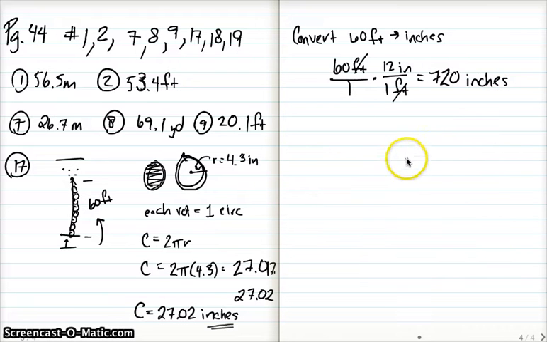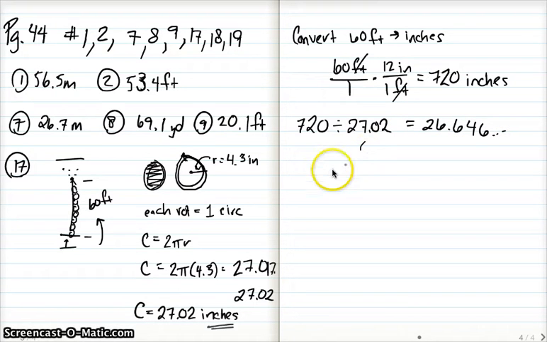And now I can go ahead and divide 720 by 27.02. And again, we'll have to figure out about how many times this bowling ball will roll. So you may use a calculator. 720 divided by 27.02, we get something in the neighborhood of 26.646.